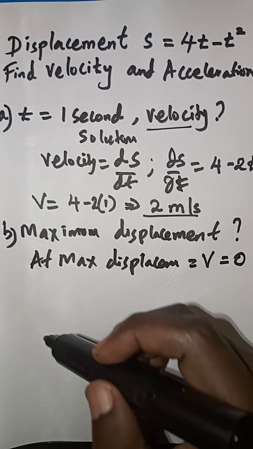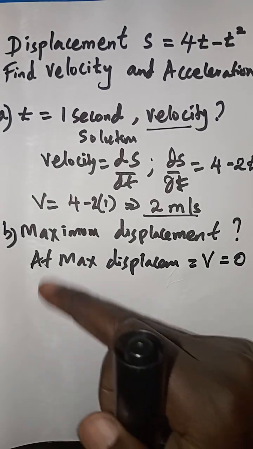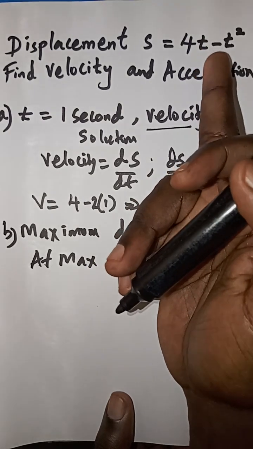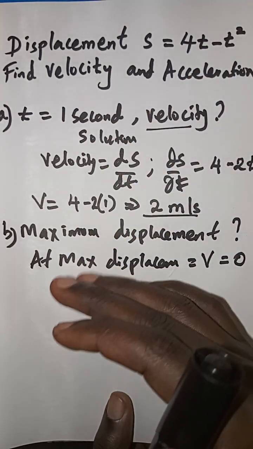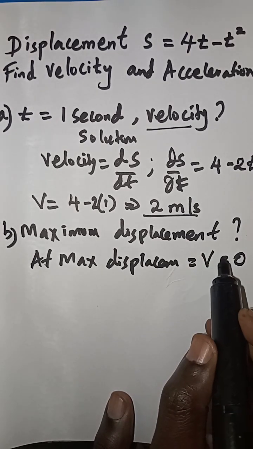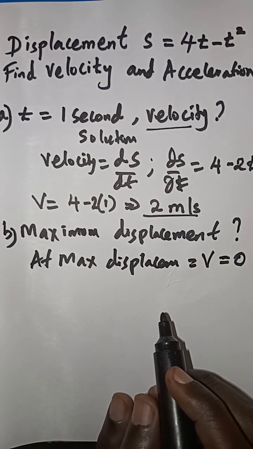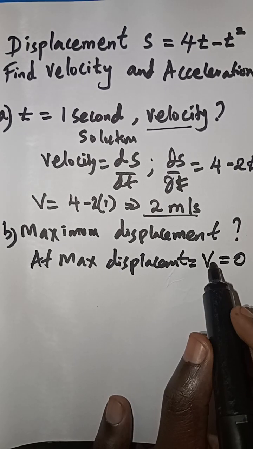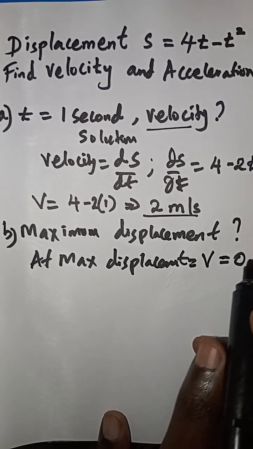Remember that the particle is moving from a certain point with respect to time. So at some point when the particle is at its maximum point, the velocity will be at rest. That means at maximum displacement, our v will always be equal to 0.